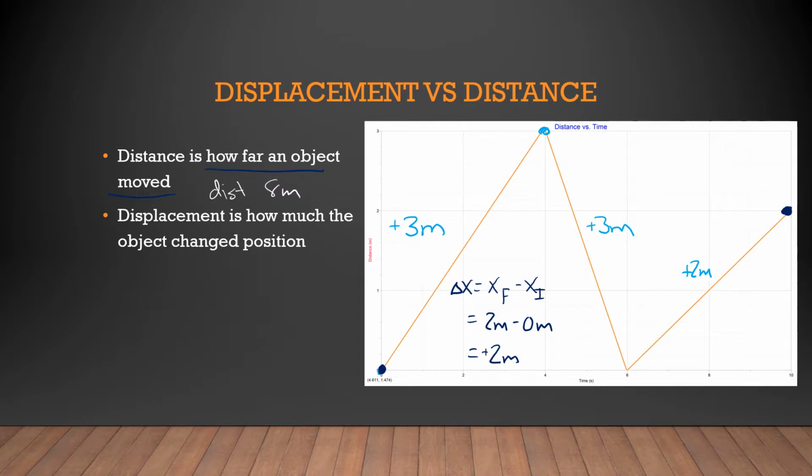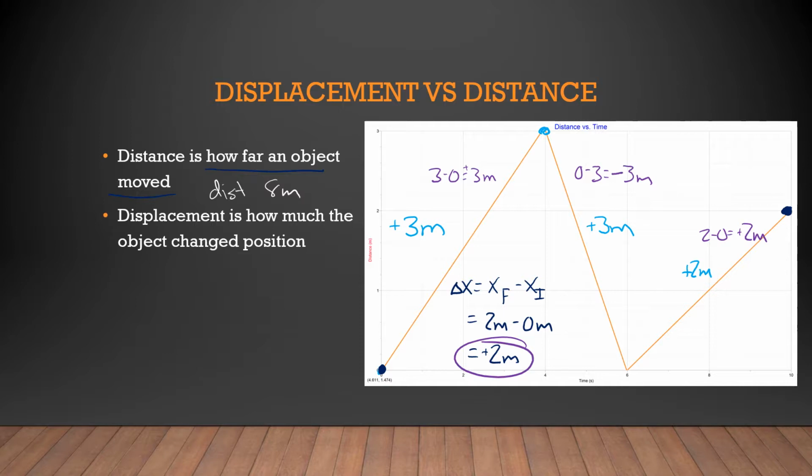If we wanted to break it up into individual parts, here we would have 3 minus 0, which is plus 3 meters. Here we would have 0 minus 3, which is negative 3 meters. And over here, we would have 2 minus 0, which is also positive 2 meters. Adding all those together, they should equal the plus 2 that we ended up with, and they do.